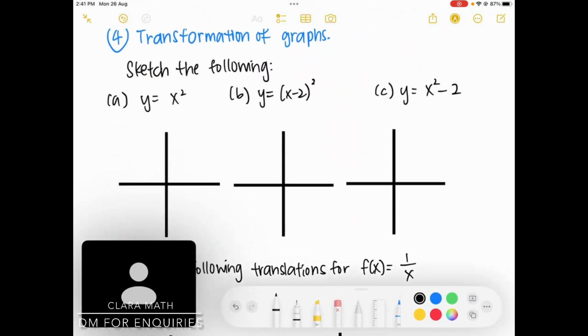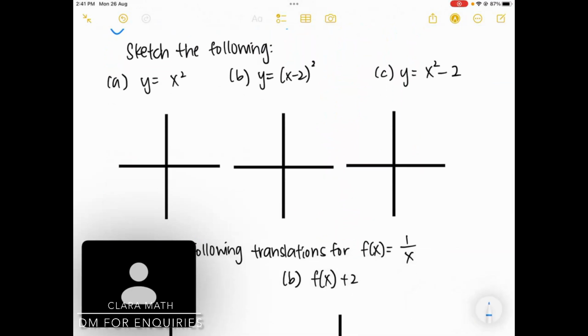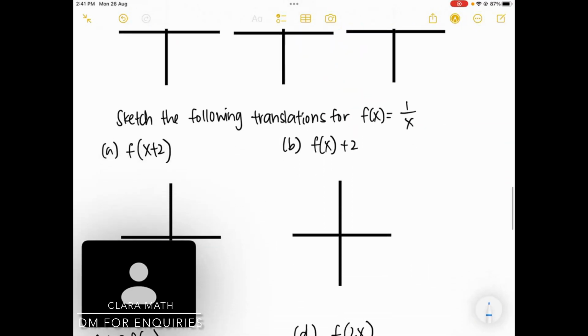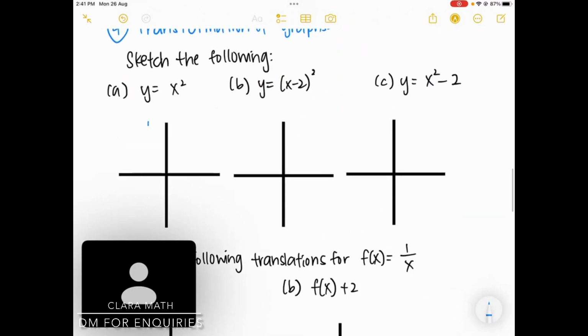Okay, now with the transformation, I'm taking this example for x squared, the quadratic curve. The normal x squared will turn at the origin 0, 0. Then for what you see here, they bracket it, the square is still outside, but now x has to minus 2.